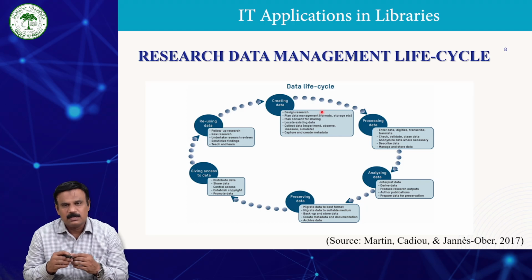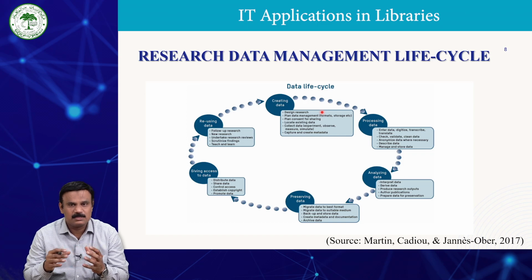Creating data is the initial stage of this lifecycle, which involves designing the research framework and planning the data management strategy. Here, researchers determine the formats and storage options suitable for their data, plan for consent in case of data sharing, and locate any existing data that might be relevant.